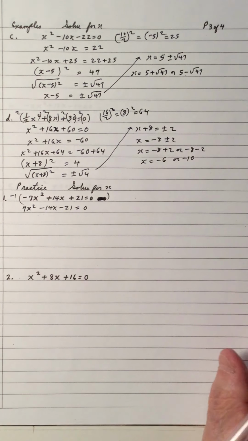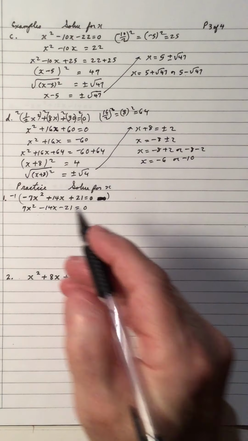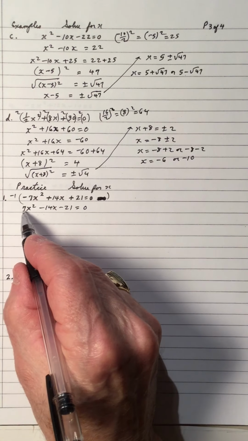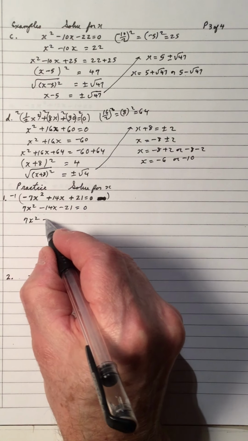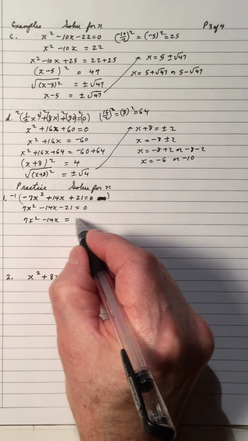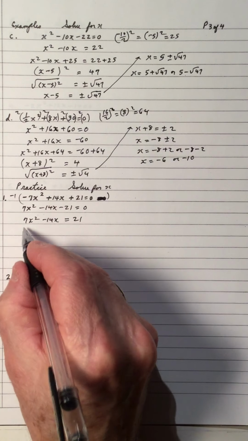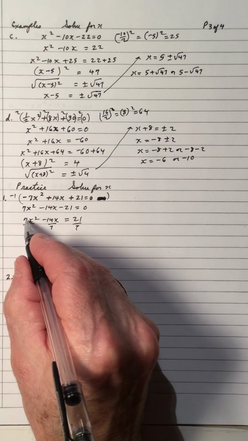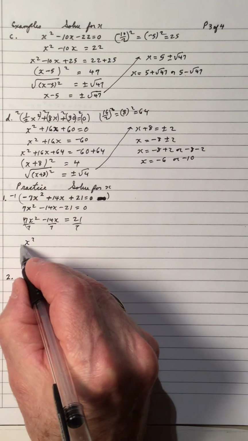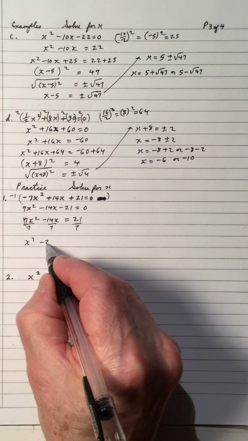Sometimes when you proofread, you don't see what you're looking at. Anyway, I multiplied by negative 1 to have a positive. Now, I will move it: 7x squared minus 14x equals positive 21. I'll divide all terms by 7, because I want the coefficient of x squared to be a 1.